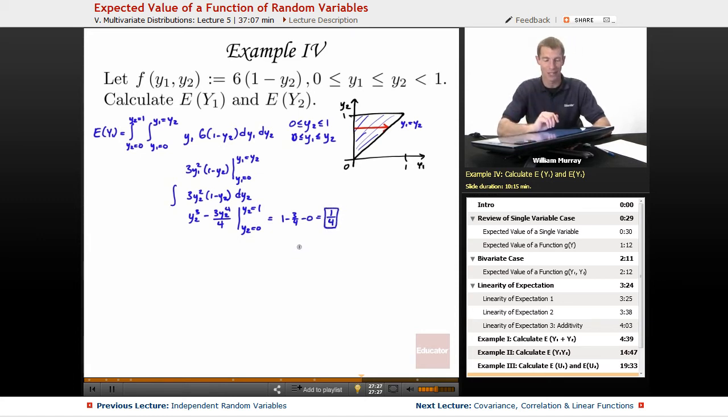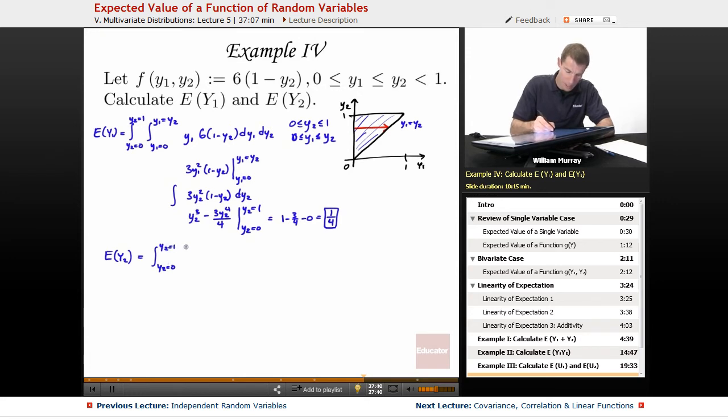I still have to calculate the expected value of y2 because the problem asks for both of those. But I've already done some of the work. I've already described the region. So it'll be the same integral, y2 equals 0 to y2 equals 1, and y1 equals 0 to y1 equals y2.